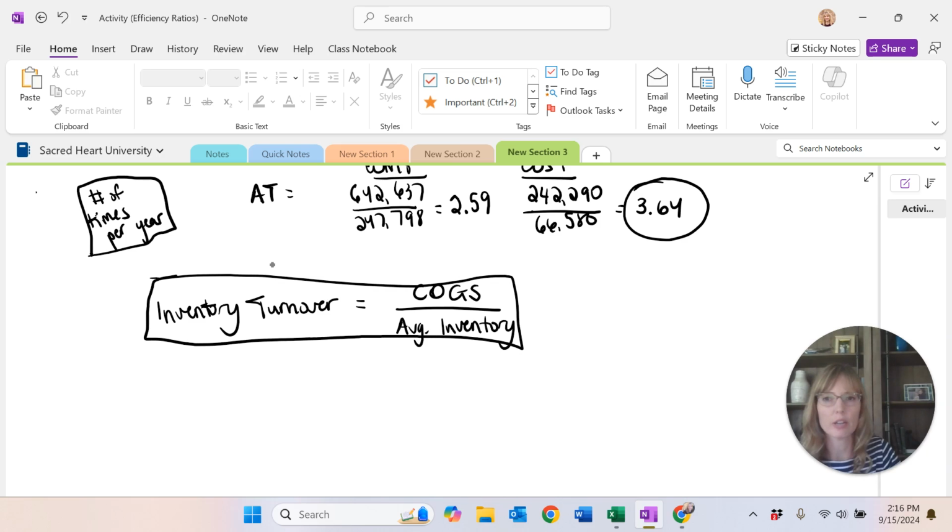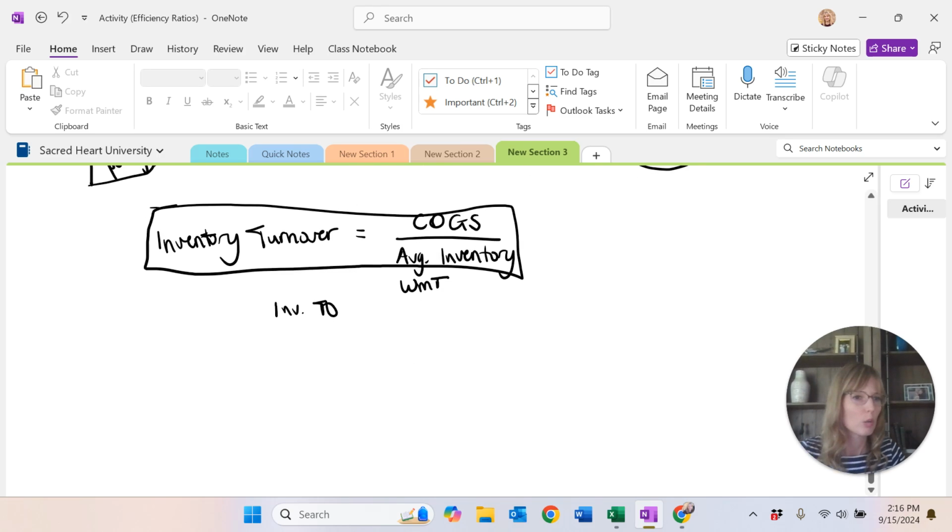All right, and let's look at the inventory turnover for our two companies. Walmart has cost of goods sold of $490,142 and an average inventory balance of $55,734.